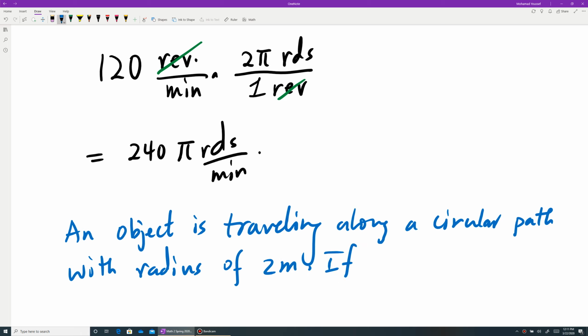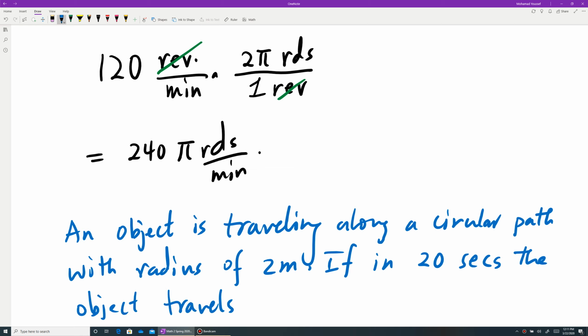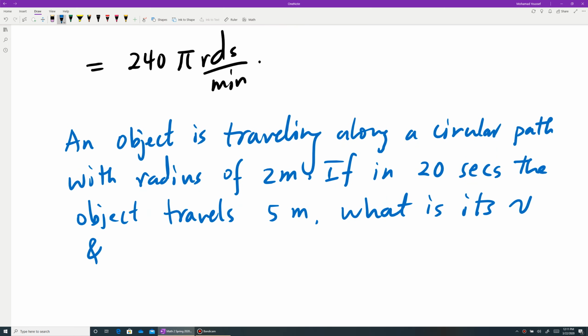If in 20 seconds the object travels 5 meters, what is its v, the linear velocity, and omega, the angular velocity?